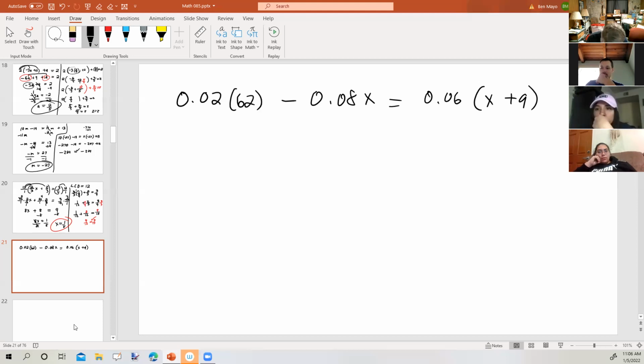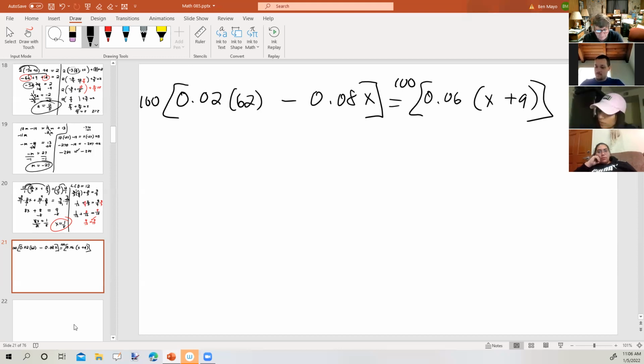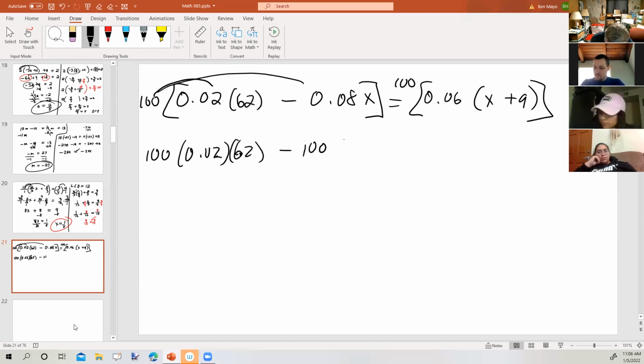So I'm going to multiply both sides of this equation by 100. Now, distributing the 100, I'm going to have 100 times 0.02 times 62 minus 100 times 0.08 times x.